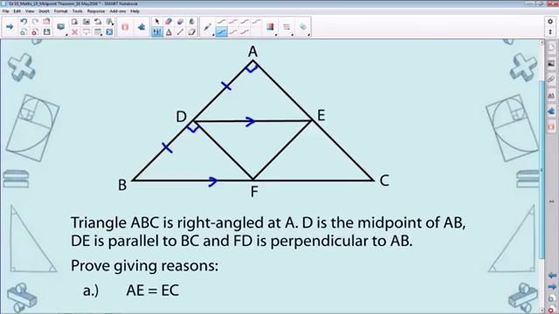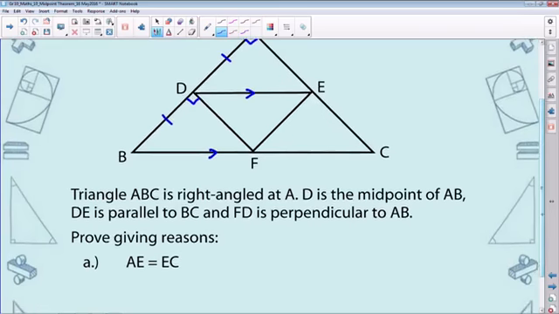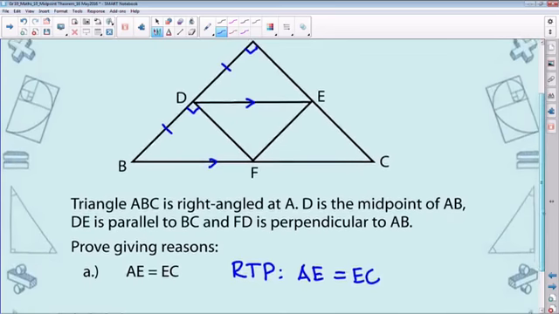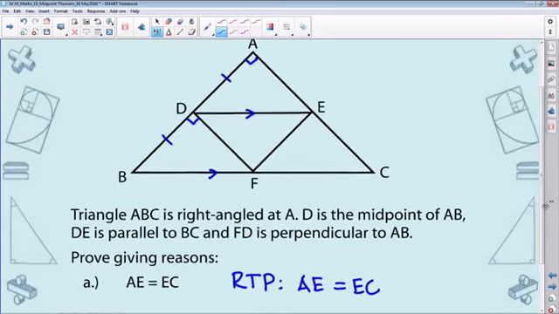That was our given information. And we are required to prove. So RTP means required to prove that AE is equal to EC. Now, that's actually really nice to write at the top of a question when you give your answer, because then it reminds you what you need to do.